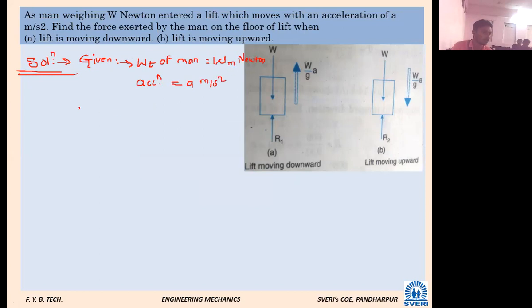And we want to find the force. Simple. Only two cases are there. Anyhow, the man has entered the lift, but there are two motions of the lift. One time the lift is moving downward, another time the lift is moving upward.